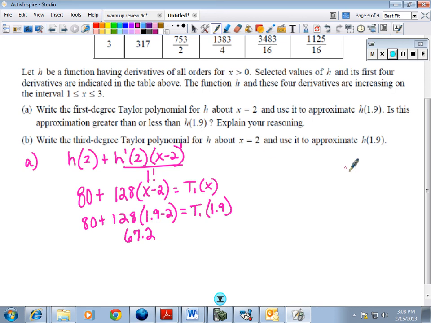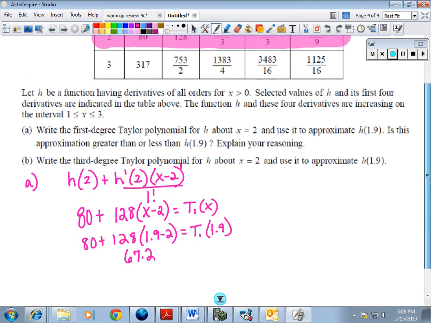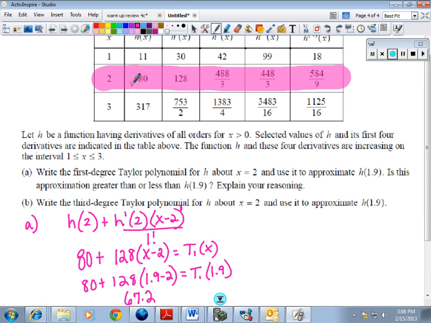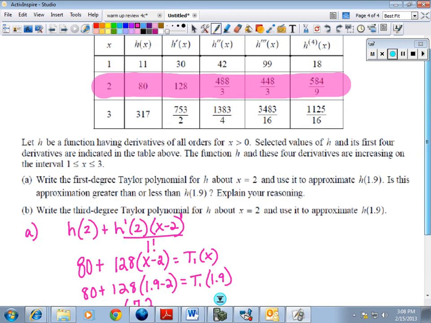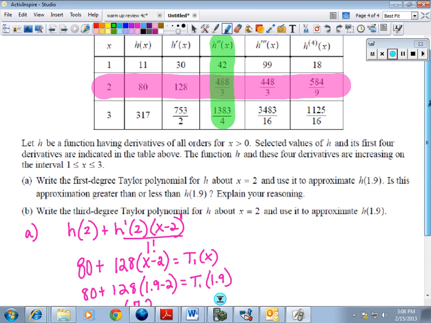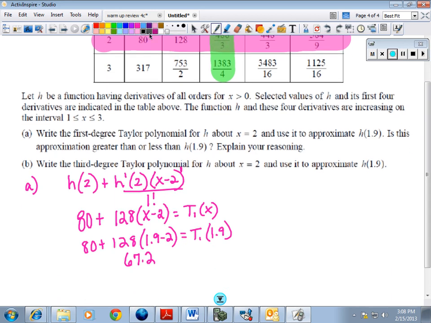Now here is where it gets interesting. At 2, this thing has a positive second derivative. If it has a positive second derivative, what does that tell you about your graph? It's like Dora the Explorer. What does that tell you about your graph? It's concave up.